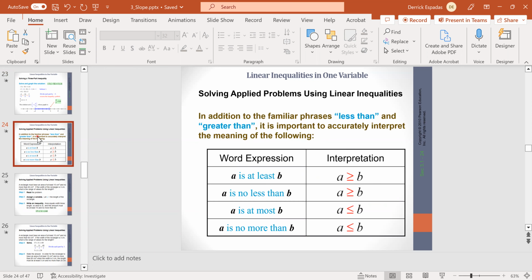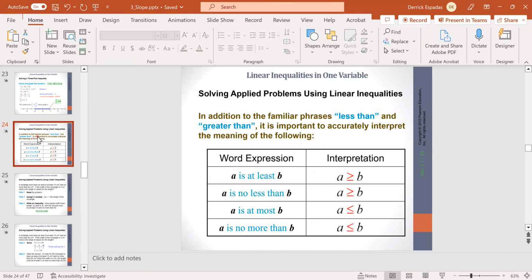All right. Applied problems are just a fancy way of saying word problems. We're going to learn how to break these down so that you can solve them. The phrases we keep using are less than and greater than, and it's important to know what that means.